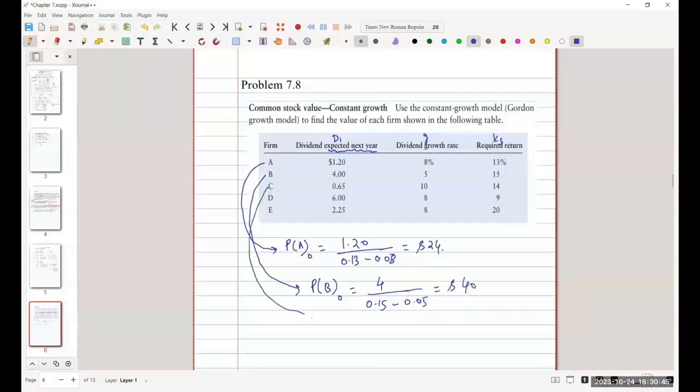Like this, you can find the price of C at time 0: the dividend is 0.65, divided by the required return of 14% minus the growth rate in dividends of 10%. So 0.65 divided by 0.04 will give us $16.25. Like that, it can proceed.